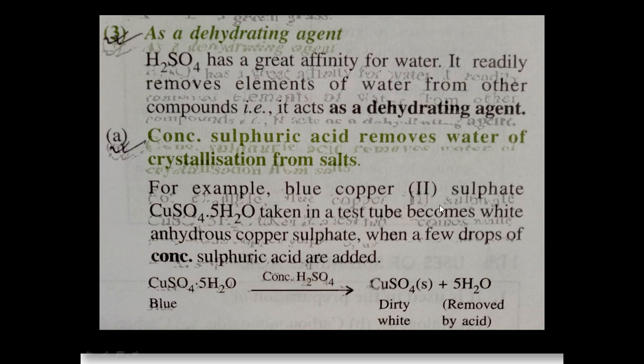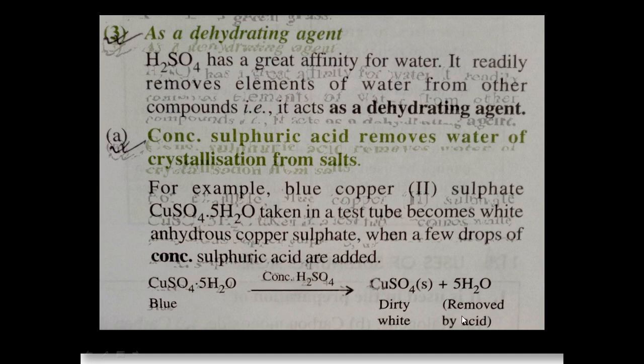For example, blue copper sulfate pentahydrate taken in a test tube becomes white anhydrous copper sulfate. Anhydrous means water has been removed. So this blue copper sulfate pentahydrate, when treated with a few drops of concentrated sulfuric acid, gives copper sulfate with a dull white color.